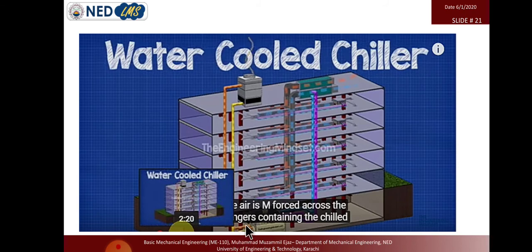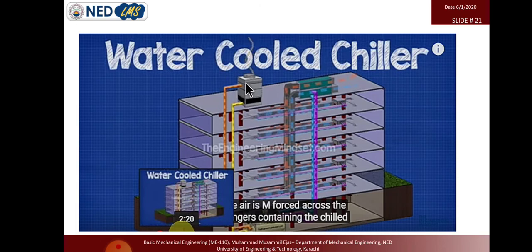So the water absorbs heat from the condenser, and it goes towards the top of the building, and it showers. By the showering, the water gets cooled by the atmospheric air. The temperature of this condenser water is around 50 to 70 degrees centigrade.